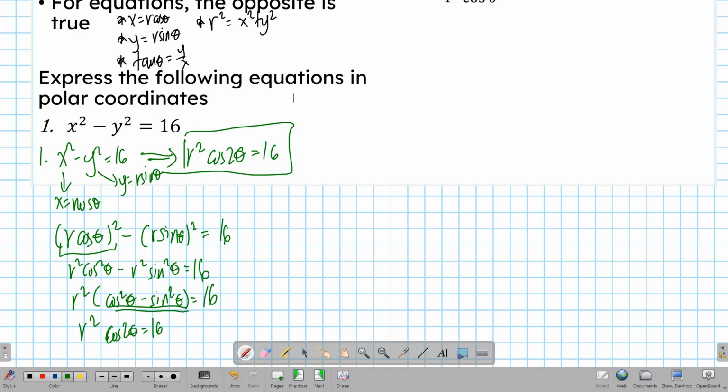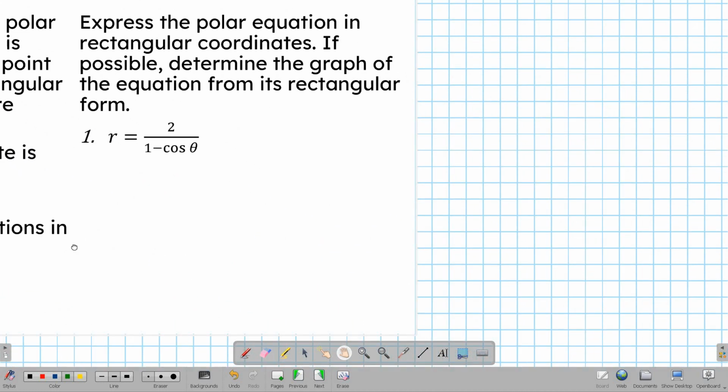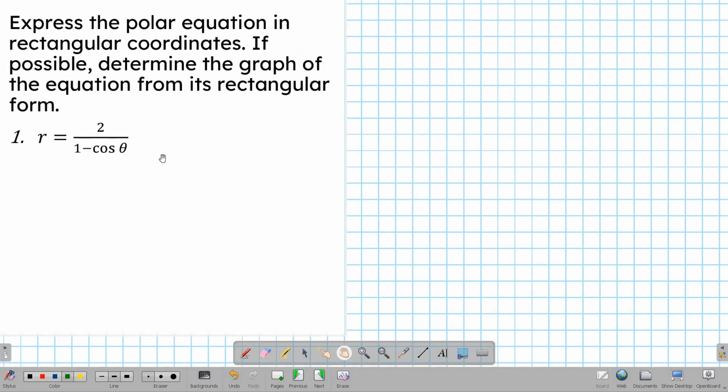And if we're going to do vice versa, we're going to express this polar equation in Cartesian or rectangular form. We just need to follow our formulas for conversion.